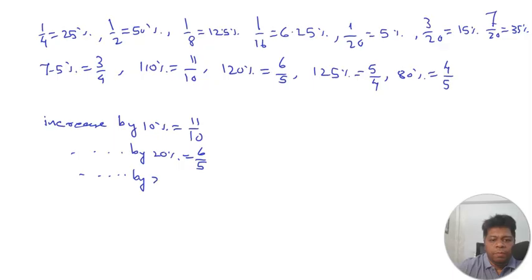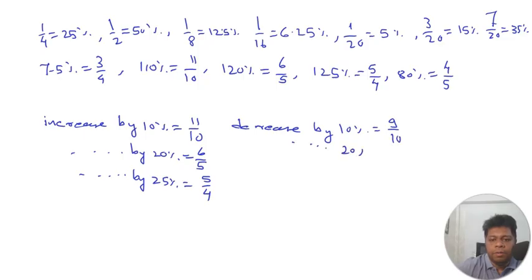Increase by 25%, it will be 5 by 4. Now if it is a decrease by 10%, it will be 9 by 10. If it is decreased by 20%, it will be 4 by 5, so 80%, this is 4 by 5. Then comes decrease by 25%, it will be 75%, which is 3 by 4. Remember these quickies, this will help you.